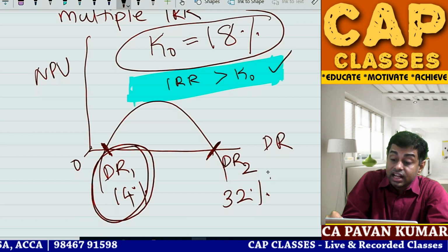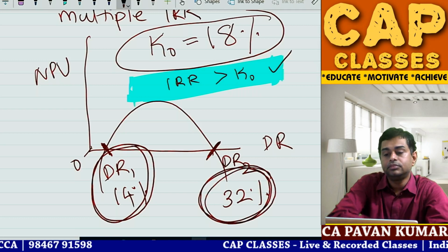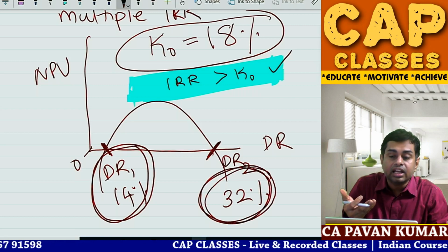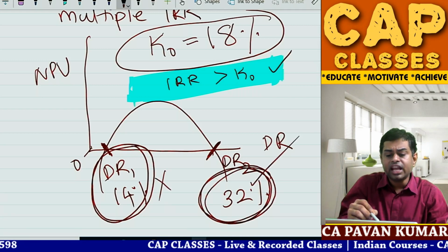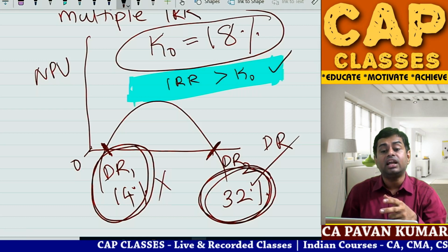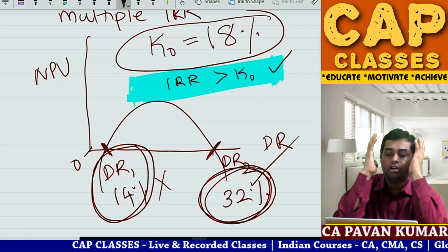But if I consider 32% and 18%, then IRR is greater than KO, accept. So the same project has two IRRs, one saying accept and another saying reject. Pavan sir, what to do now?